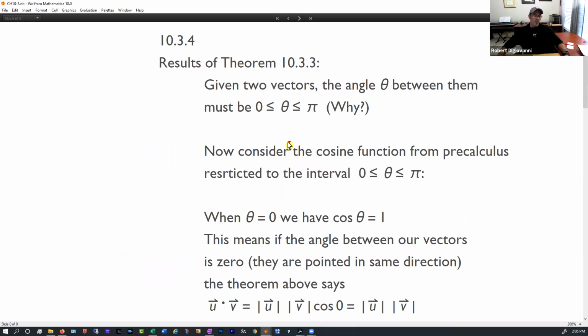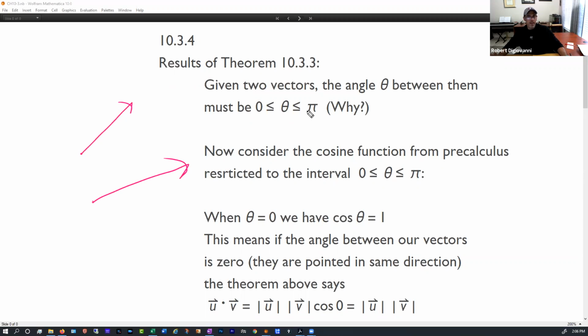All right, so what are some of the results of this theorem? Given two vectors, the angle between them must be between 0 and pi. So that's the first thing we have to get straight here. If you give me a vector and some other vector, and we attach them tail to tail, the angle between them must be between 0 and pi.